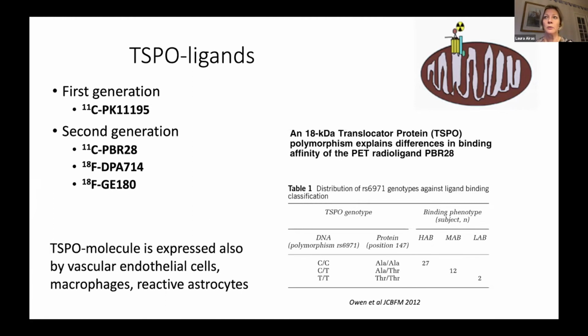Really new, better ligands are needed for improved specificity, but it has been surprisingly difficult and slow to get new tools for imaging of neuroinflammation.